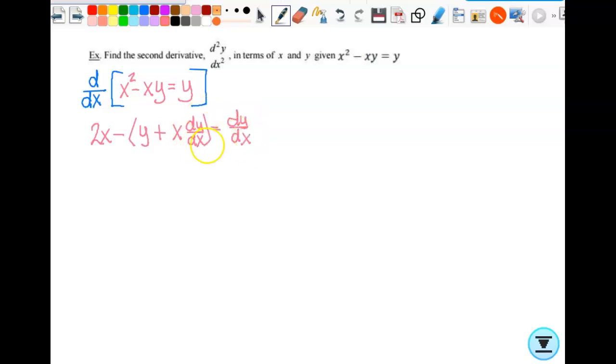Oh, I forgot to close my parentheses. That's fine if you do it that way too, but it kind of depends on where it is in the problem, what makes more sense. So what I have is 2x minus y minus x dy dx equals dy dx. Then go forth and find it.